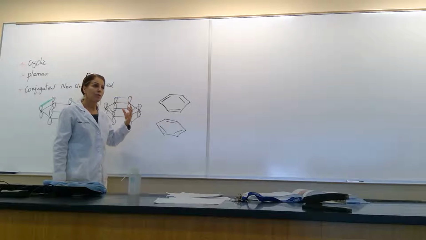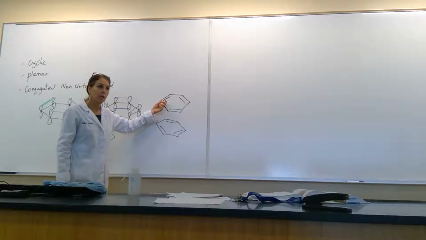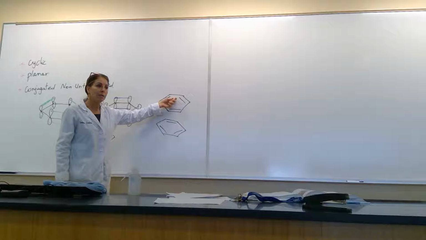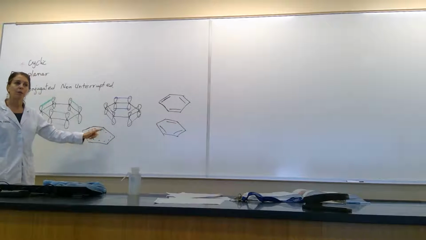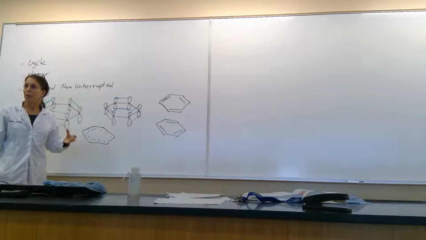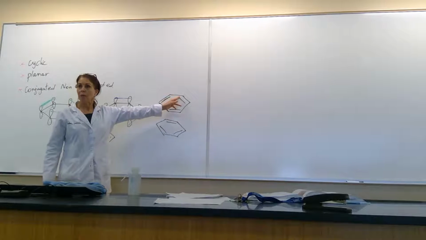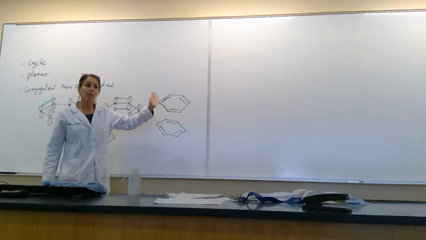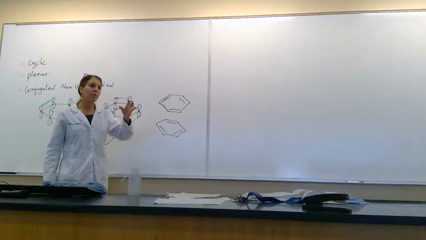So what is observed is the bond is never going to be as short as a double. It's not going to be as long as a single. So it's something in between. And that's the reason they put little dotted lines. Okay? So the proof is there that benzene doesn't have double bonds, doesn't have single bonds. All the bonds are identical, and all of them are somewhere between a double and a single.